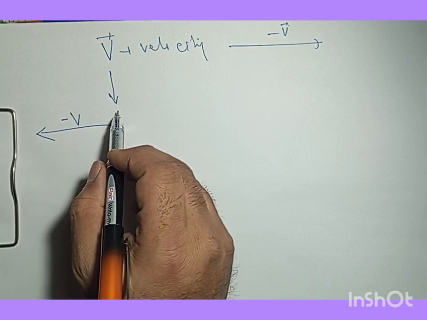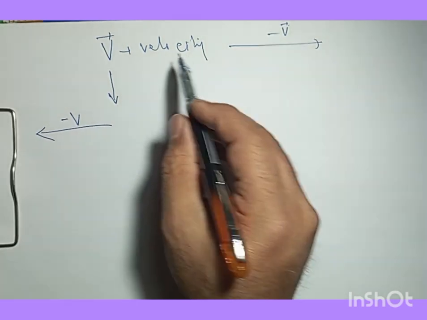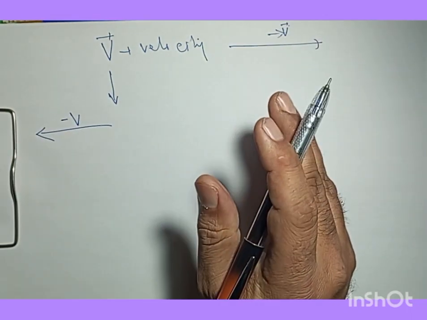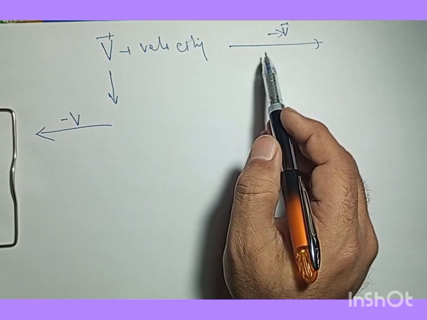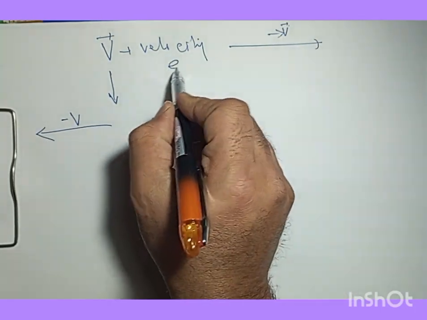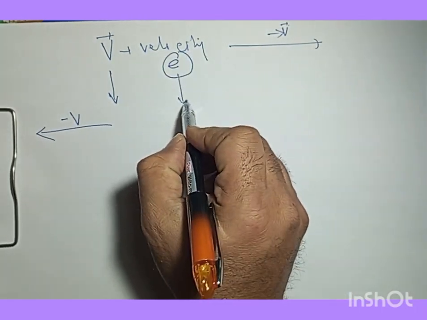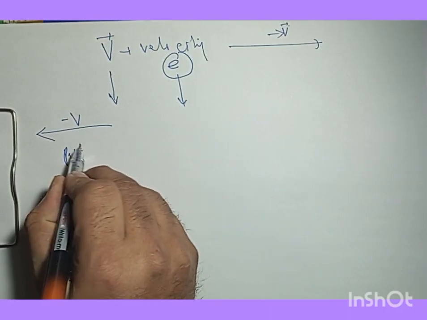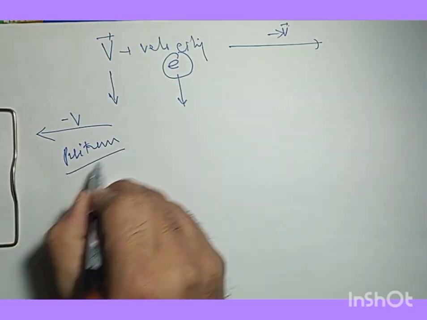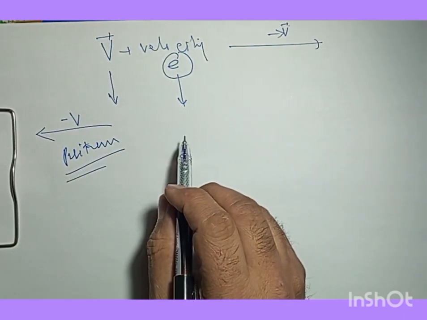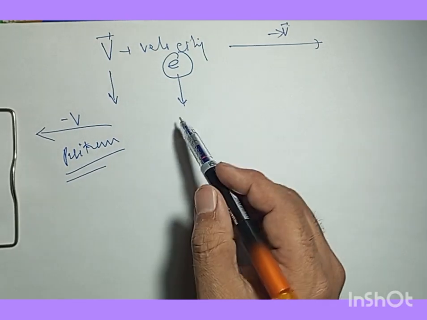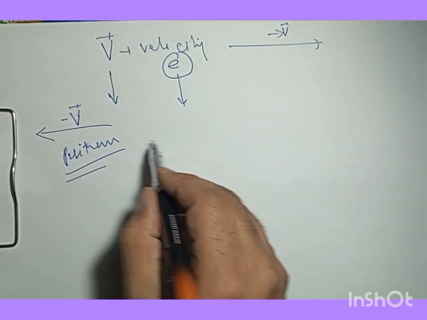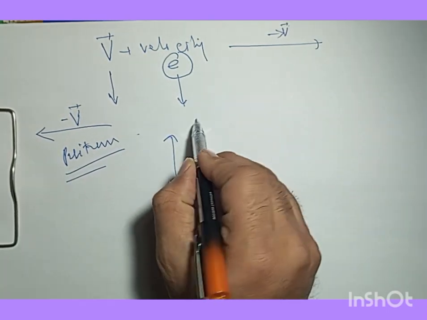If this particle is an electron moving with velocity v, under CP transformation it will be transformed into a positron moving with velocity minus v.